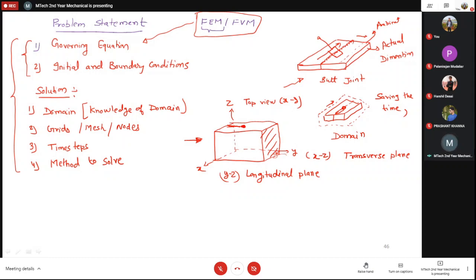Okay, so once we have the planes and we want to analyze the plane, let's say I want to see the effect of welding on the XZ plane. Okay, so I will take the XZ plane like this, and then this plane will be discretized into several locations.